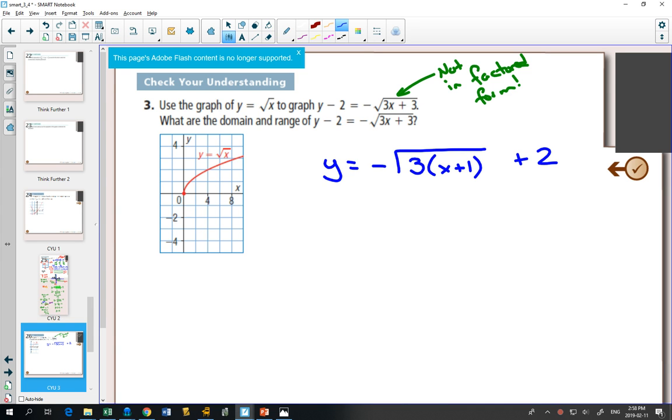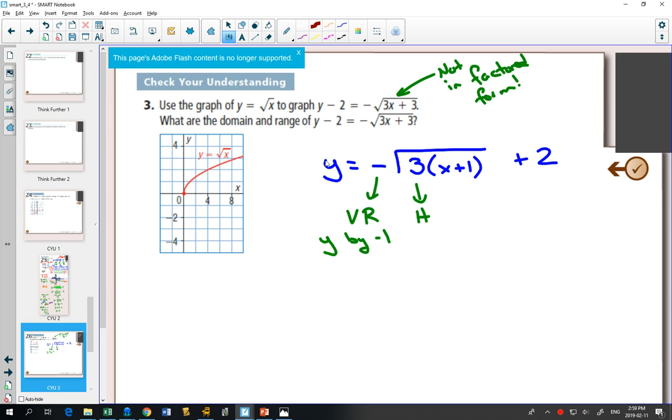So now when we label things from left to right, the negative is going to be outside the function, so it's vertical. A negative is a reflection. We have a vertical reflection. We're going to multiply our y value by a negative 1. Our 3 is inside the square root, so it's inside the function.